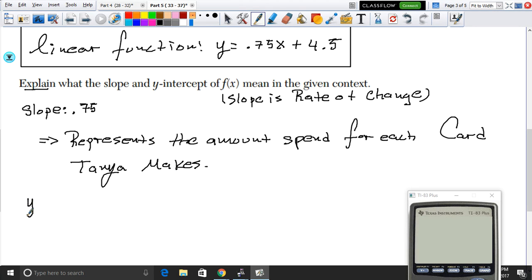Now for the y-intercept, which in this case is the number that's by itself, which is 4.5. Usually the y-intercept is the fixed point.